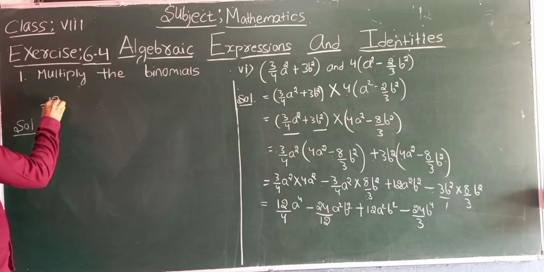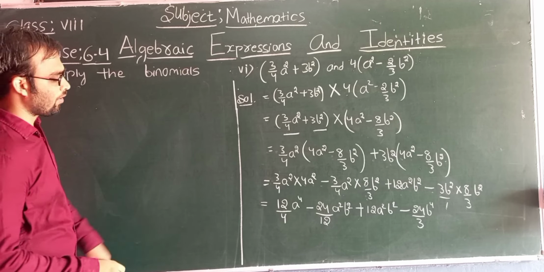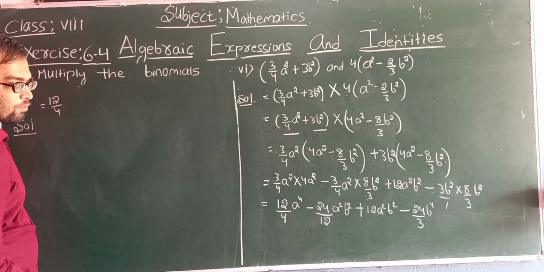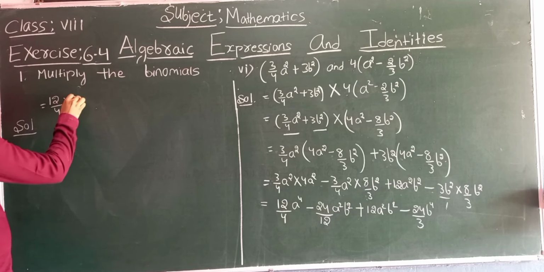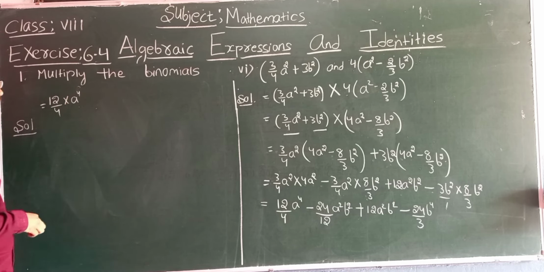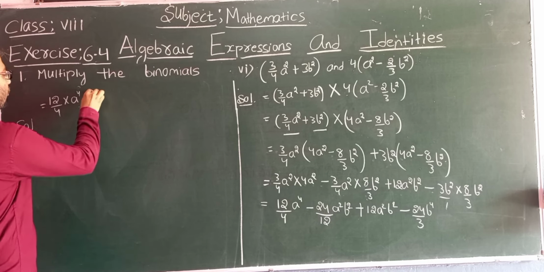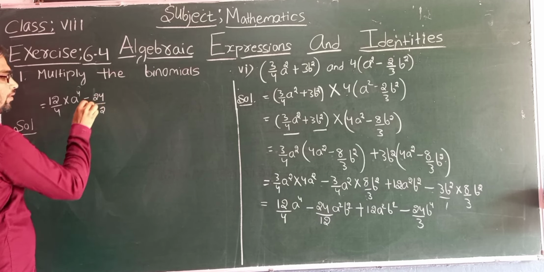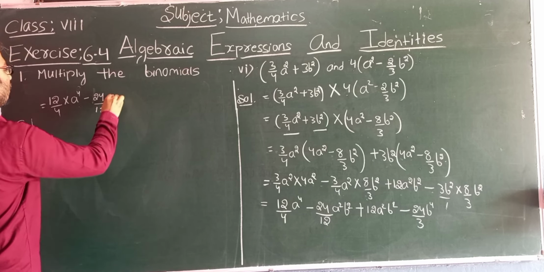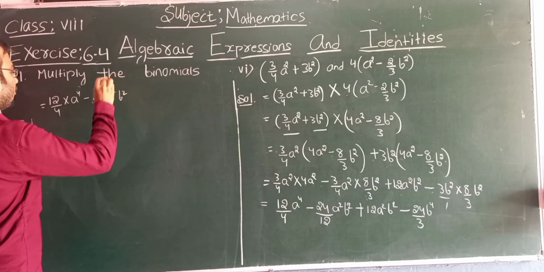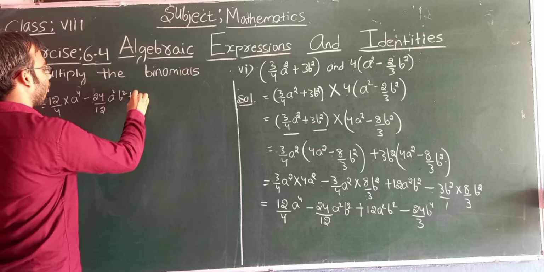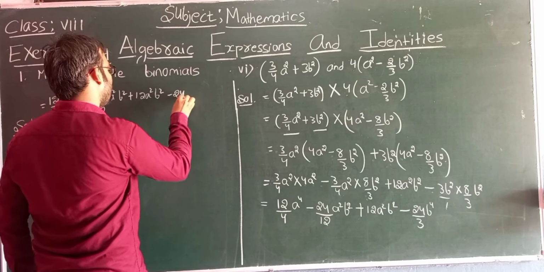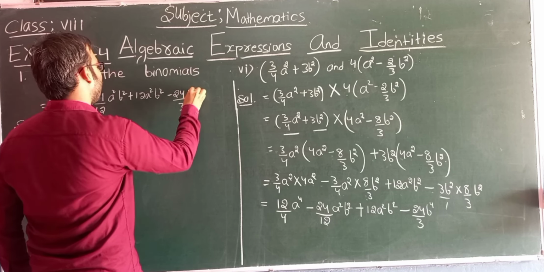So 12/4 a to the power 4 can be written like this. We will write this minus 24/12 a square b square plus 12 a square b square minus b to the power 4.